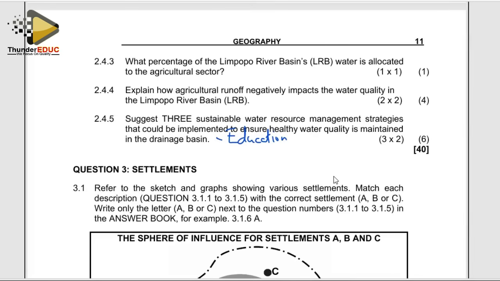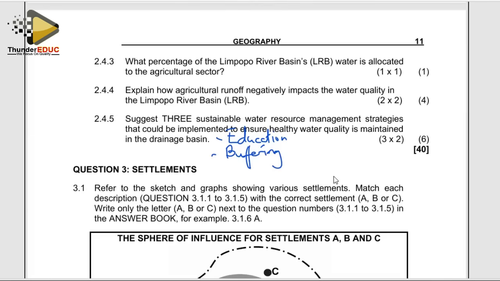Or we can use buffering as another measure. We can try to fence along the rivers to avoid human activities interfering with the river, or to limit settlement and dumping encroaching into the river channel.